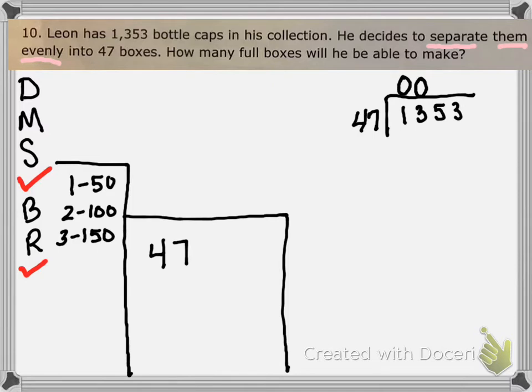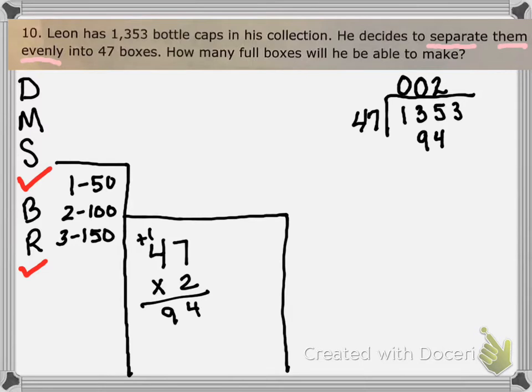I think 3 is going to be too large, based on the fact that 3 groups of 50 would be 150. So now I'm going to multiply 47 times 2. Regroup my 1. That'll give me 94. After I multiply 47 times 2, I write that answer directly underneath the number I just divided, 135.